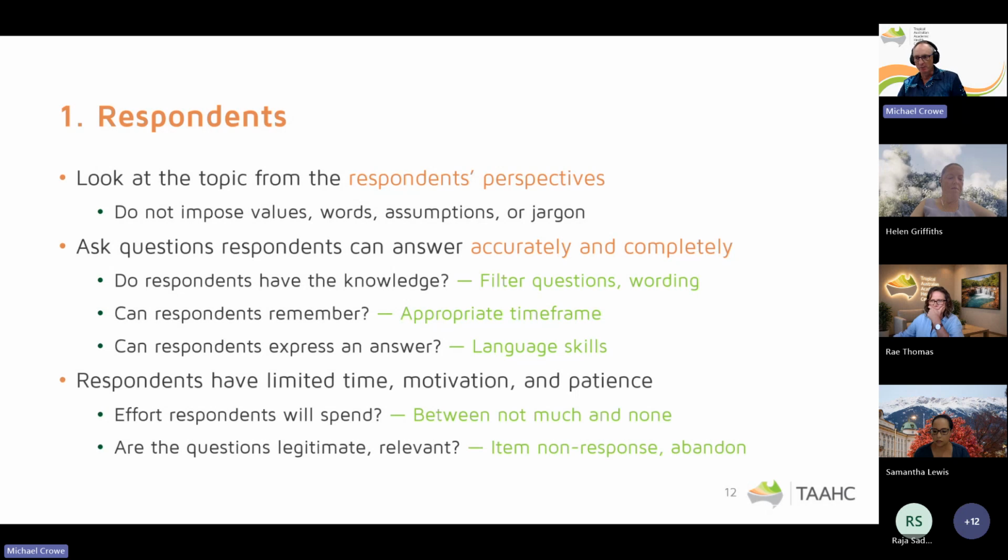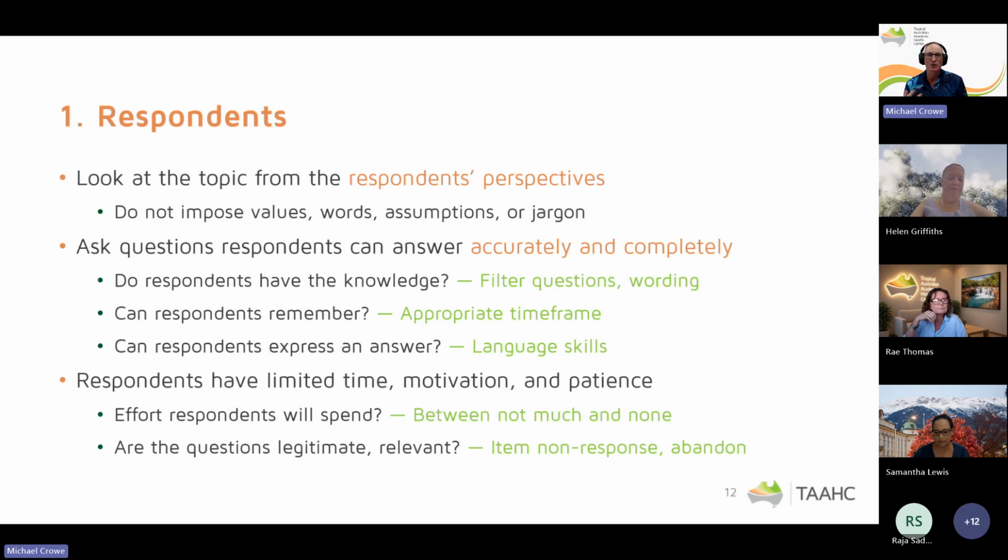Always remember, and it came up at the very beginning, that respondents, and you know this, have limited time, motivation, and patience to actually be bothered answering any particular questionnaire. It does depend a bit on context as well, because if you're going for surgery and you're filling in a form, you will have lots of time, lots of motivation, and lots of patience to make sure you get your information right.